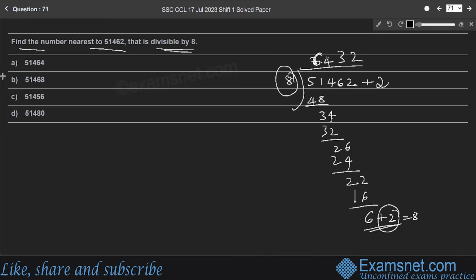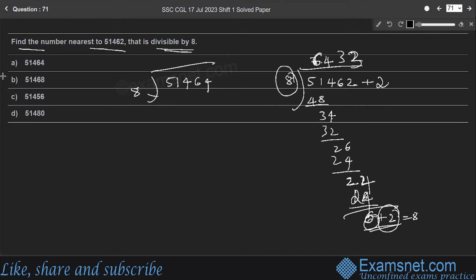So you can verify this. If the number becomes 51,462 plus 2, that is 51,464, when it is divided by 8, instead of remainder 22 you will have 24. So it becomes 8 into 3, 24, so the remainder becomes 0.